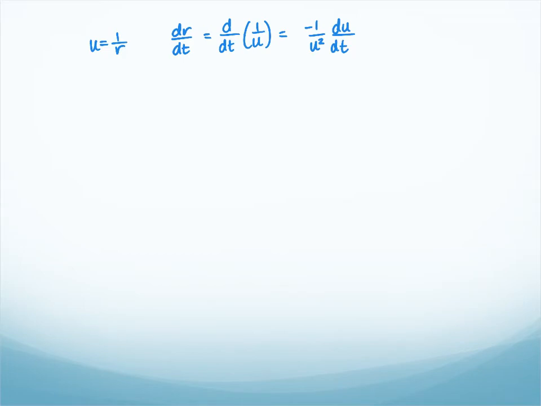But now we're going to use the chain rule to try to get rid of the time and write things just in terms of u and theta, but then to also get it into r and theta.